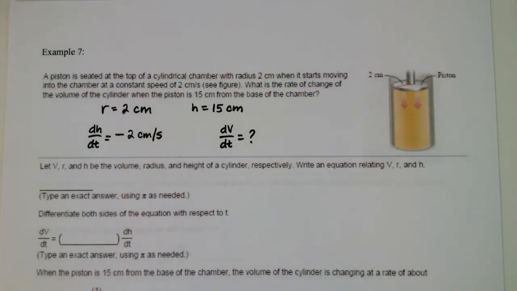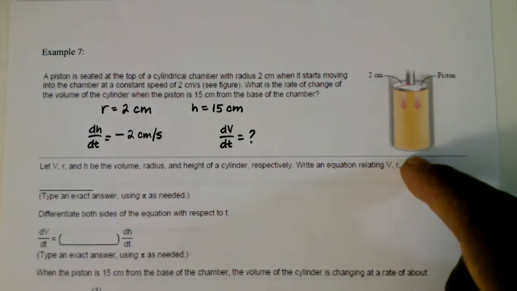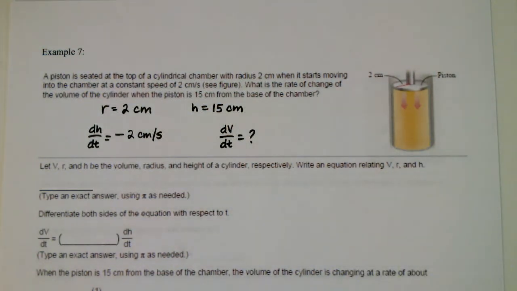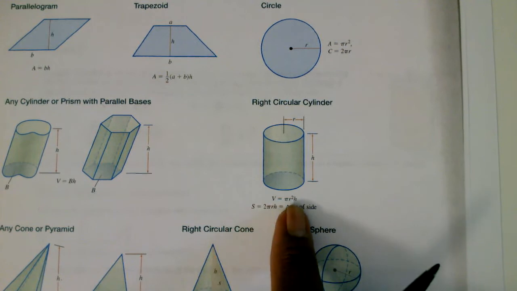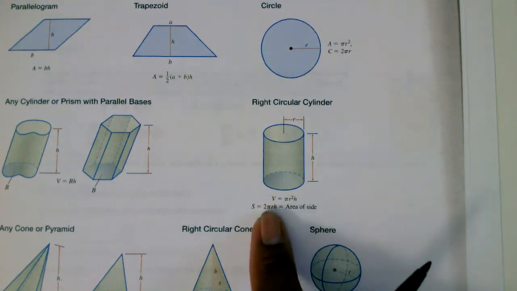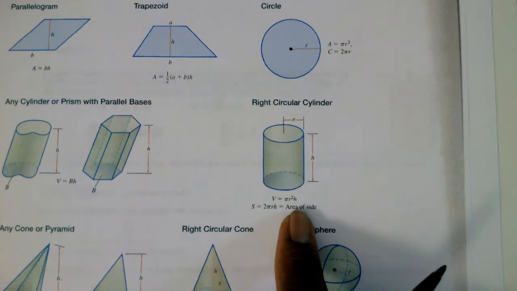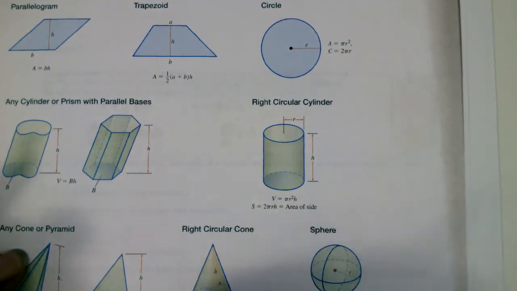Write an equation relating V, R, and H. Well, this is a cylindrical chamber, so we need to find the formula for the volume of a right circular cylinder. In this case, V is equal to pi times the square of the radius times the height.